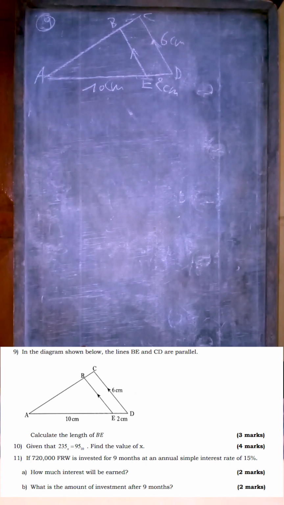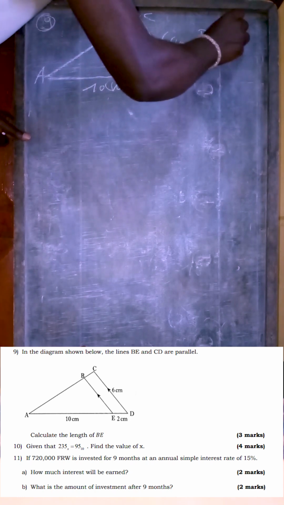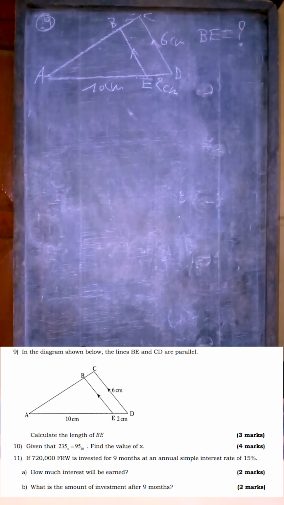We have to calculate the length of BE. BE is unknown, and BE is from here up to here. And we have this given data.